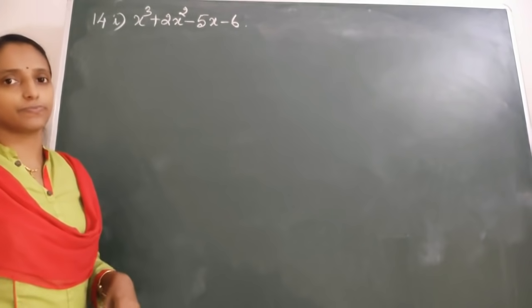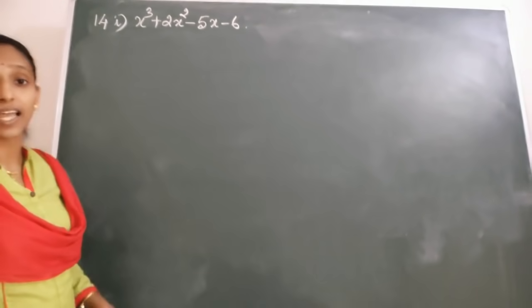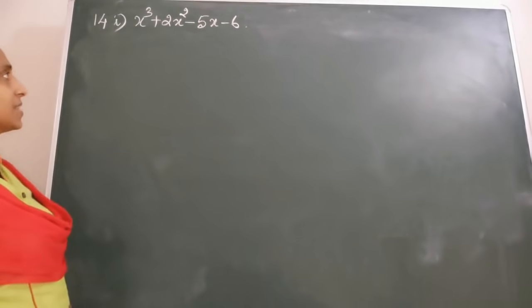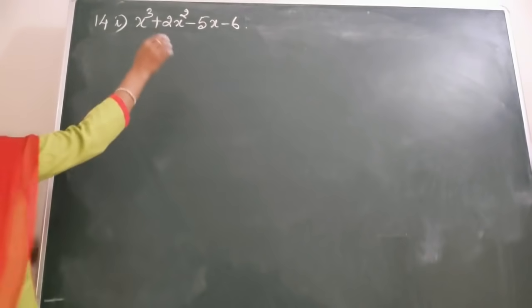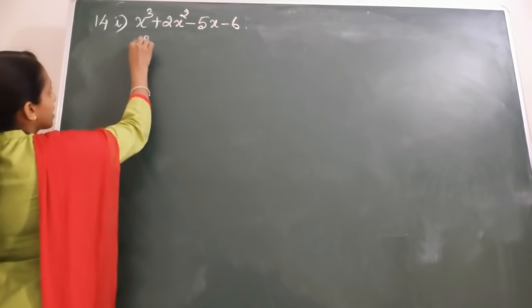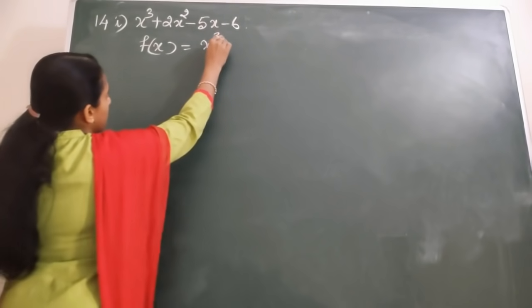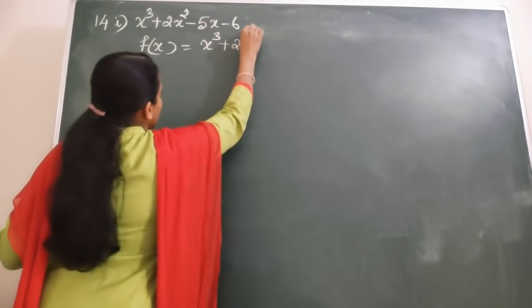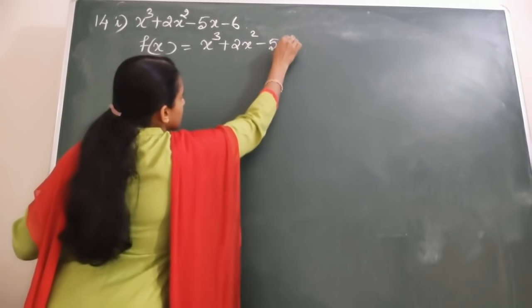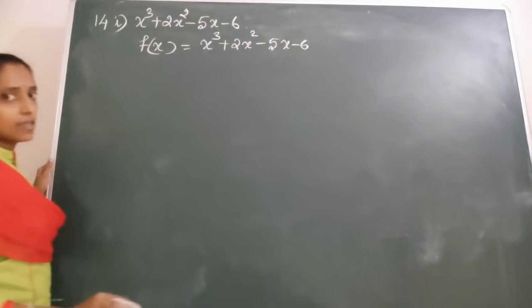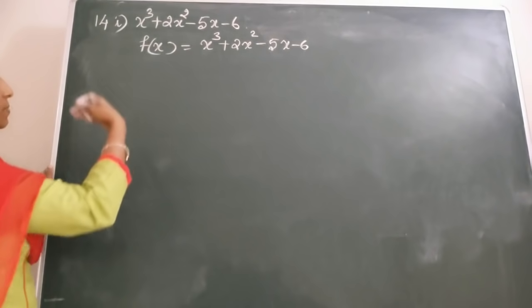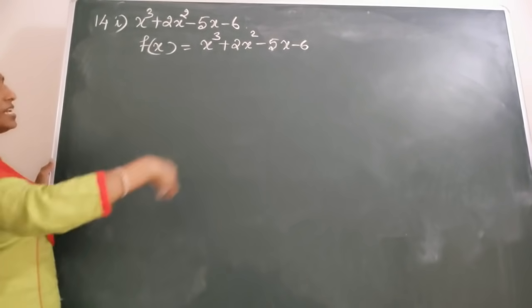Then what to do? We will go for our trial and error method. Trial and error method means we take the given polynomial f of x equal to x cube plus 2x square minus 5x minus 6. This is the polynomial given, so we name it f of x. Then you will try it.